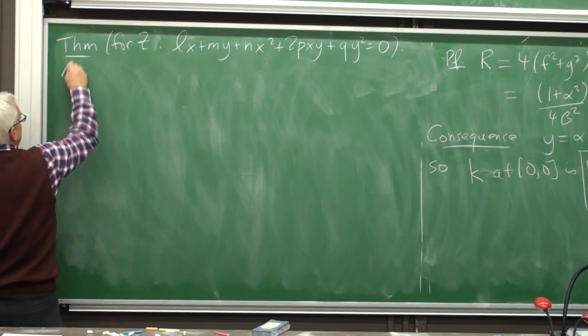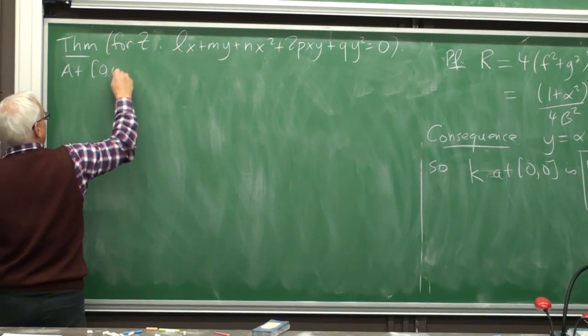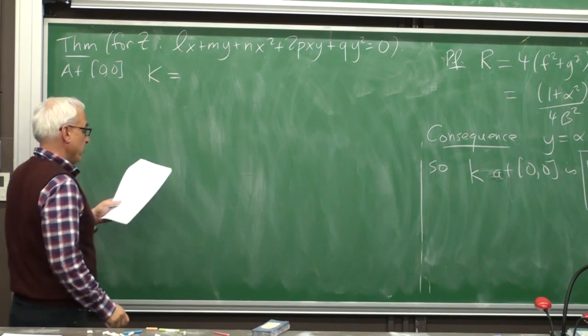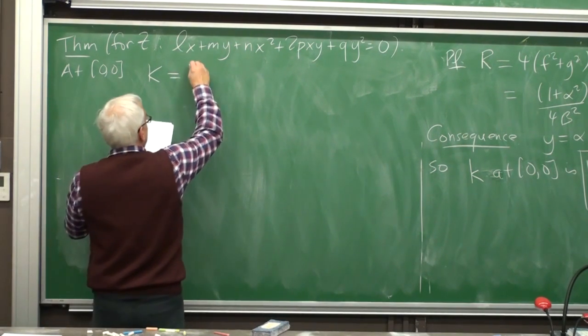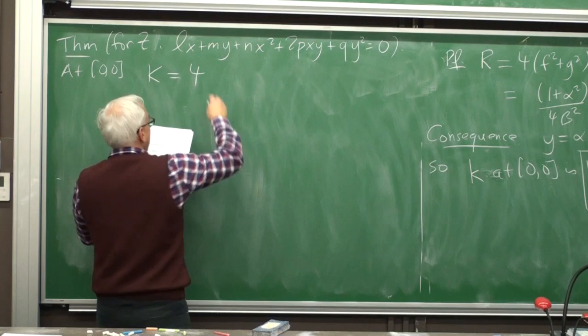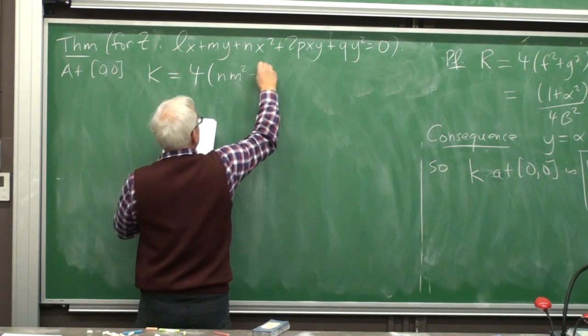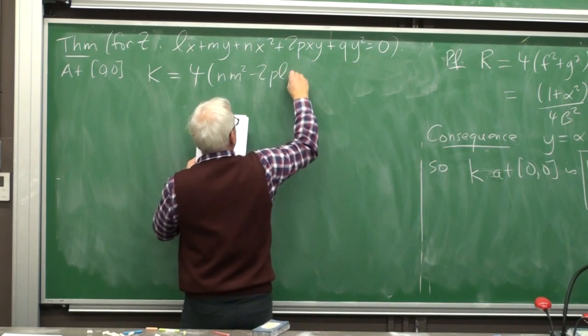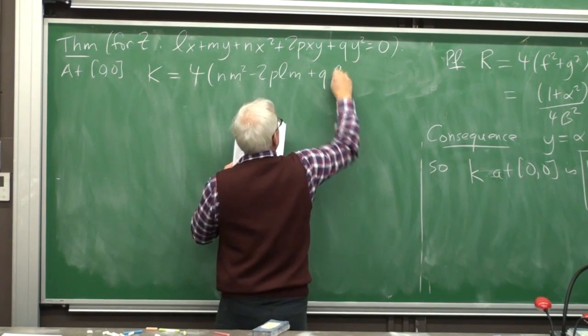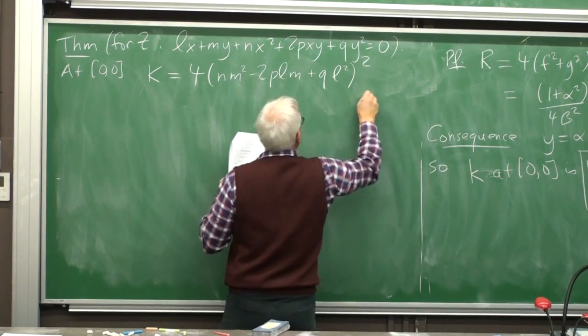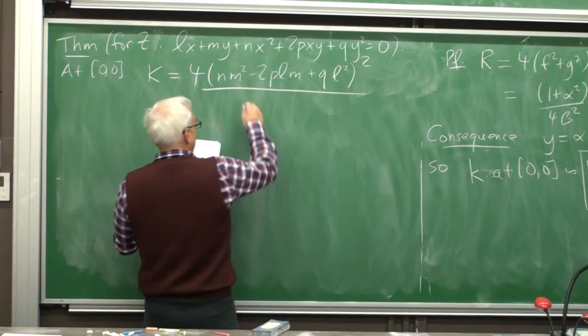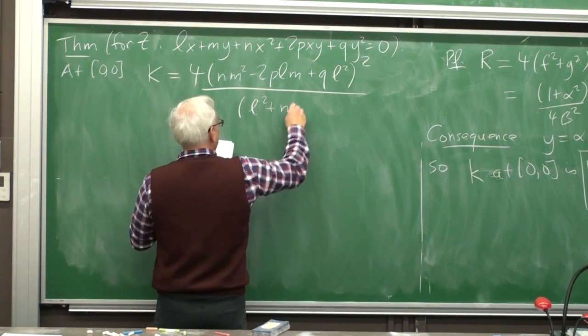All right, so at the origin, the quadratic curvature is 4nm squared minus 2plm plus ql squared, all squared, over l squared plus m squared cubed.